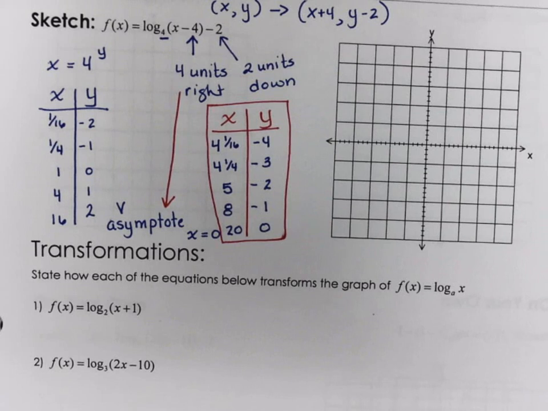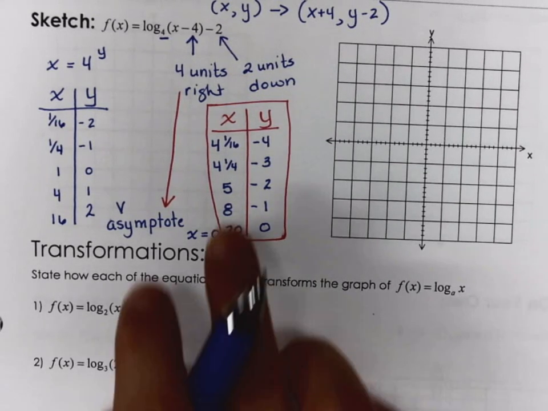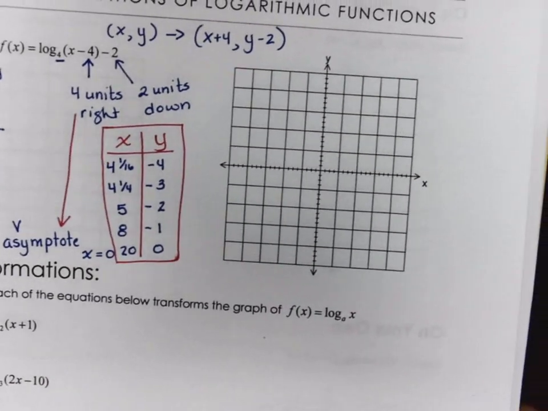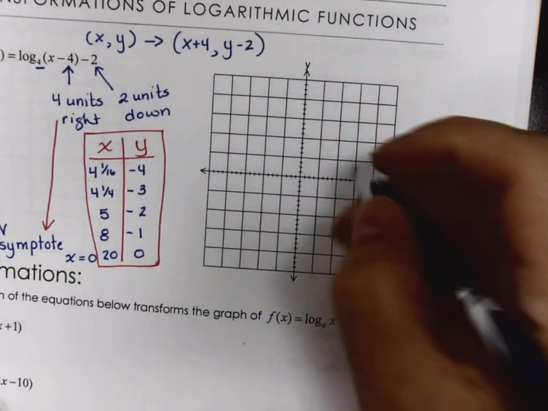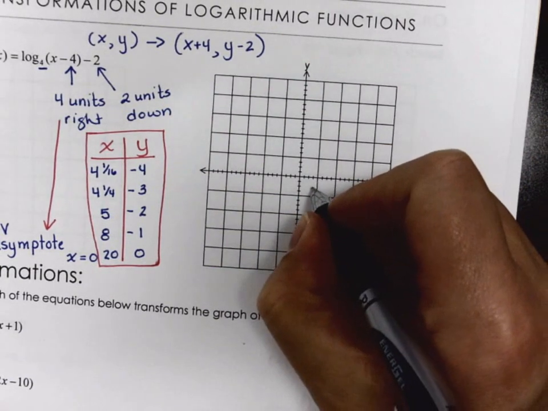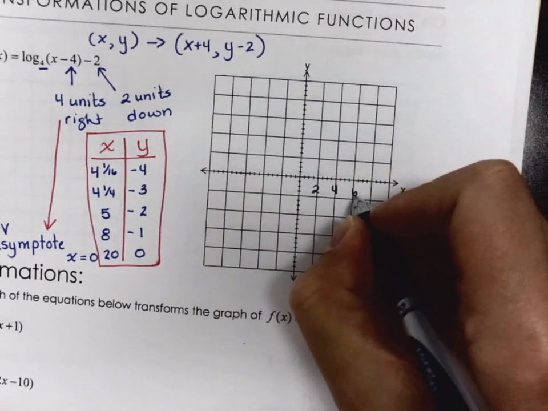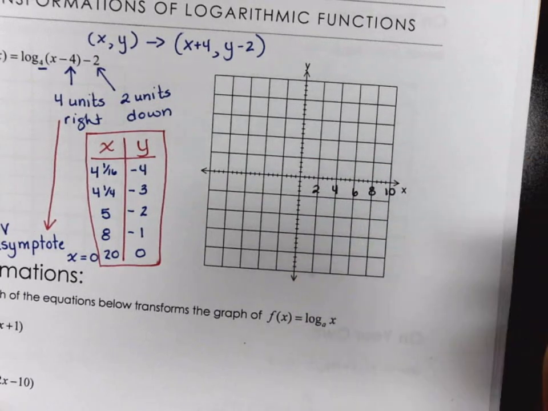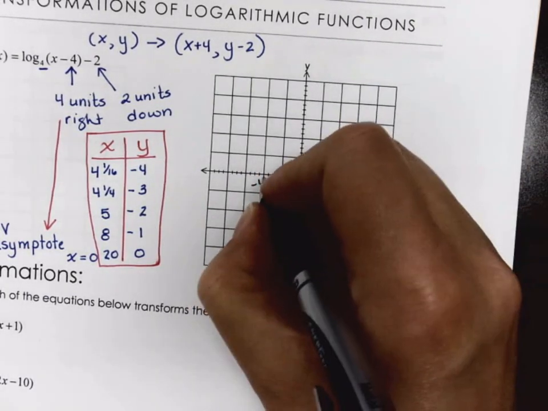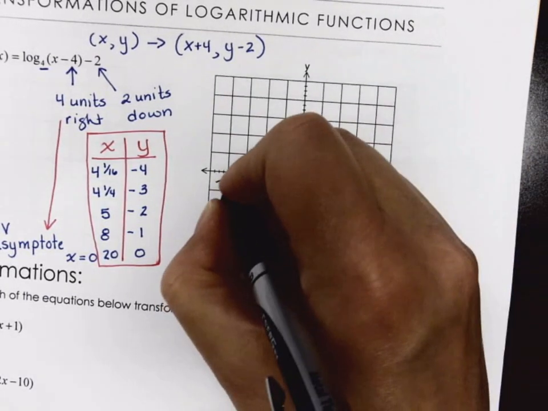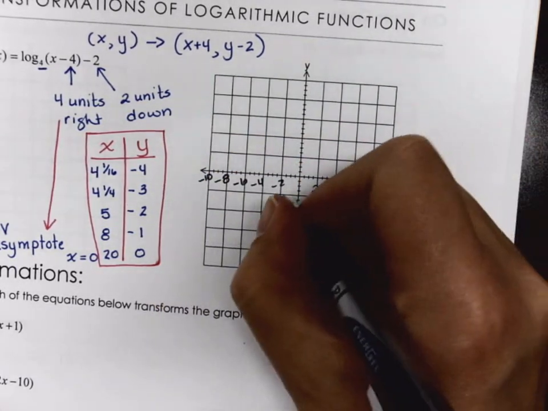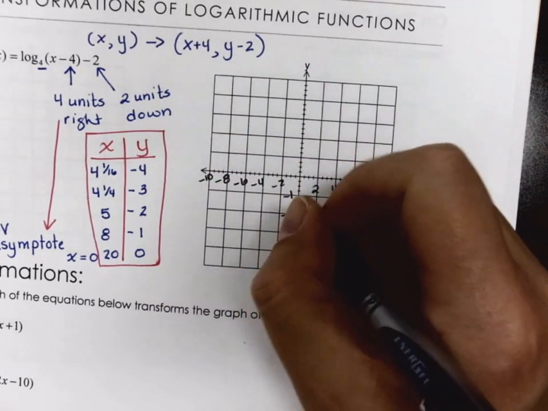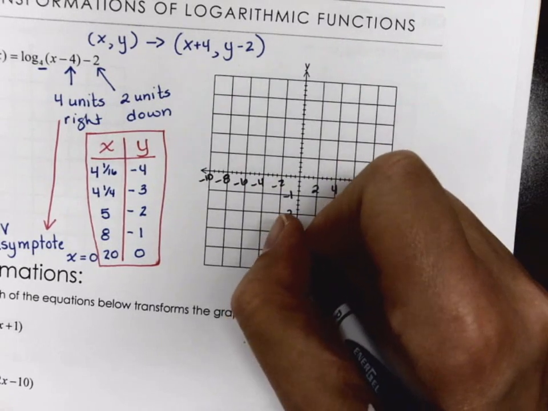All right, let's graph it. We know, like I said, the asymptote is going to shift over. I'm going to go up by 2's on my x-axis, and I'll go up by 1's on my y-axis.